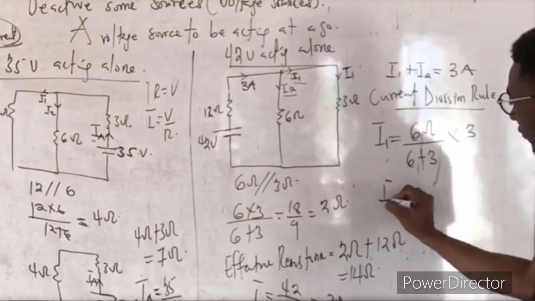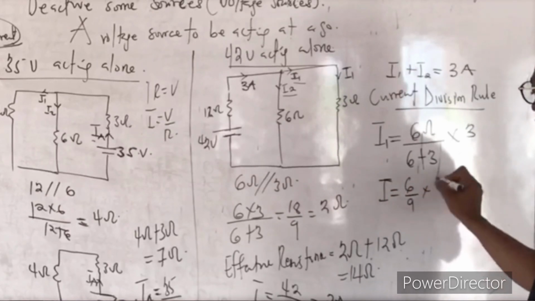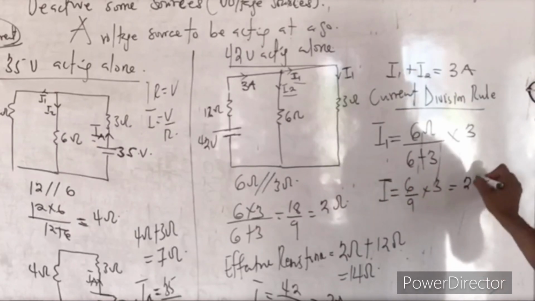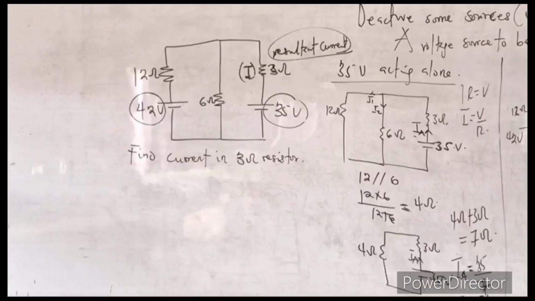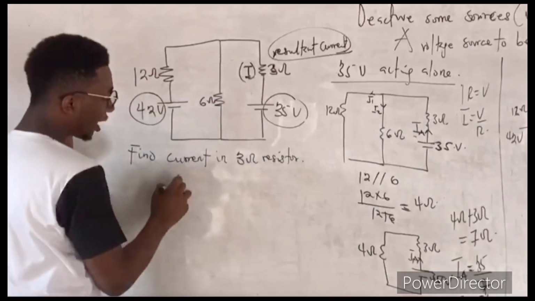So when you do this, you get 6 over 9 times 3, which gives you 2 ampere. So the current I1 is 2 ampere.